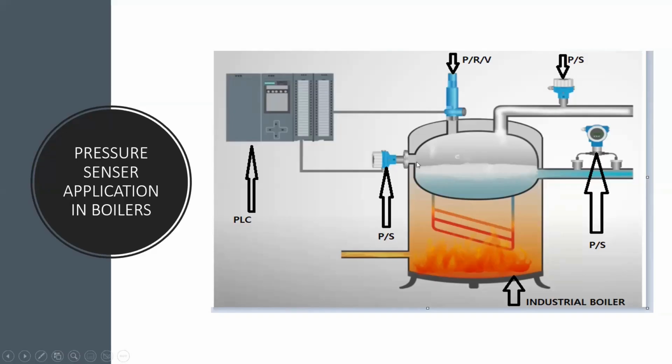And then if the pressure is built above the required pressure inside the boiler, with the help of a pressure sensor like seen in this case now, it can send information to the programmable logic controller via the input card, informing the controller to open a safety valve, which is shown here as PRV, a pressure relief valve.